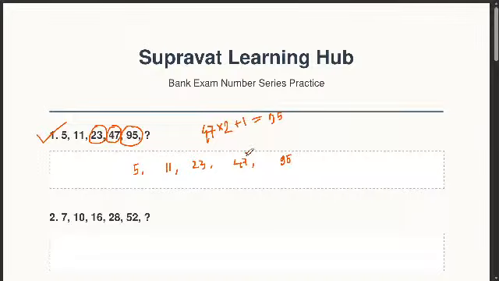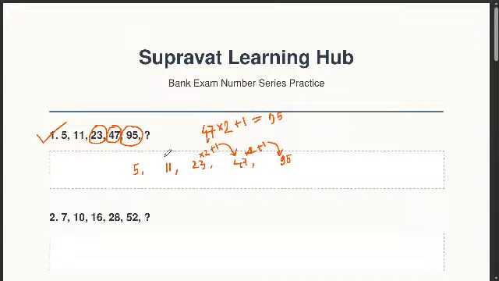So if we multiply it by 2, plus 1, I will get this. Now if we multiply 23 by 2, that is 46, plus 1, we are getting this number 57.